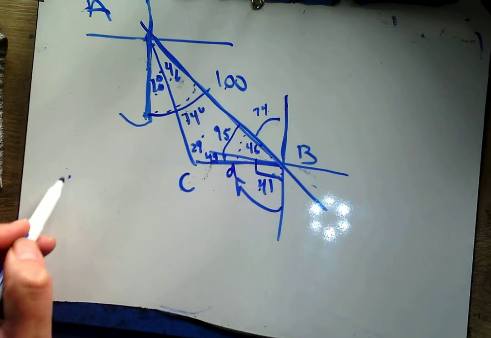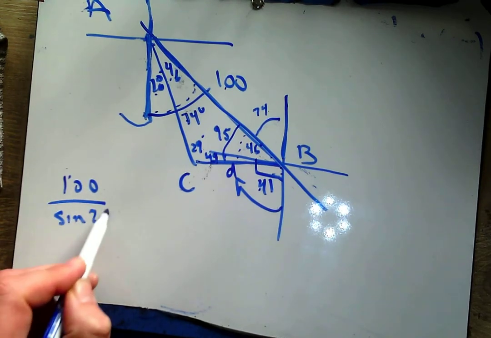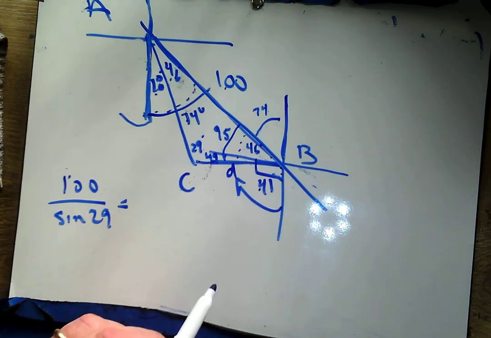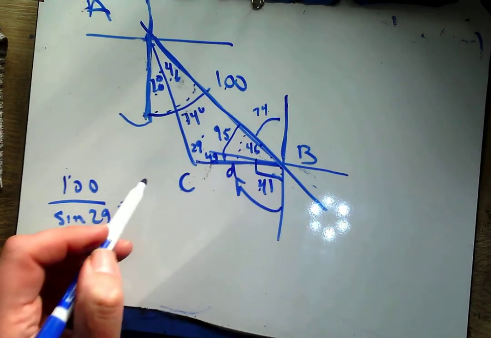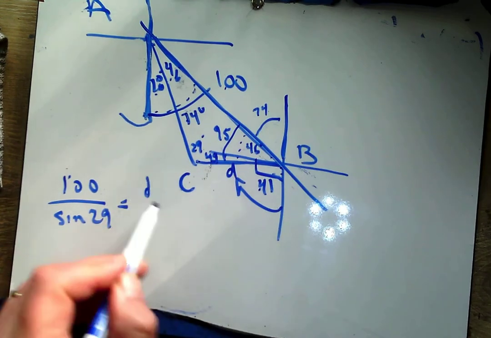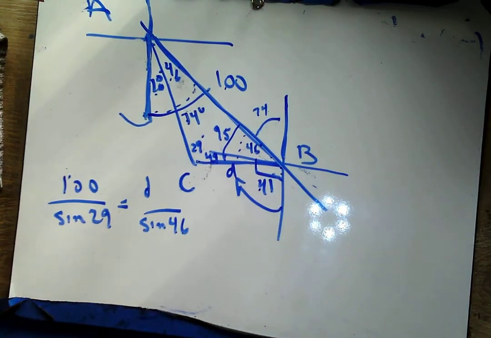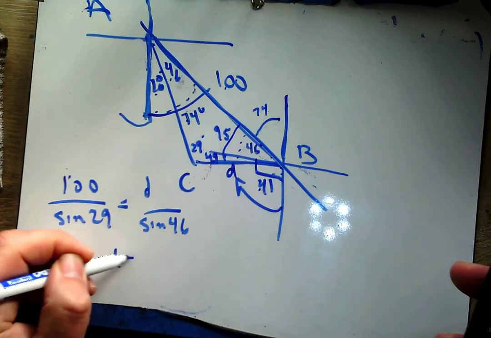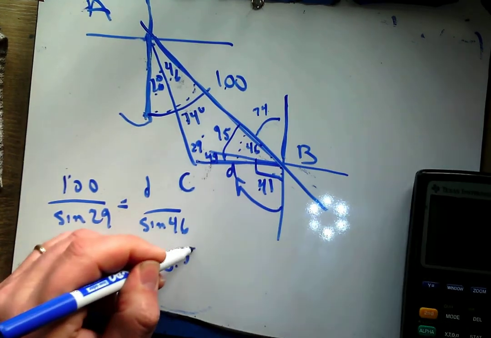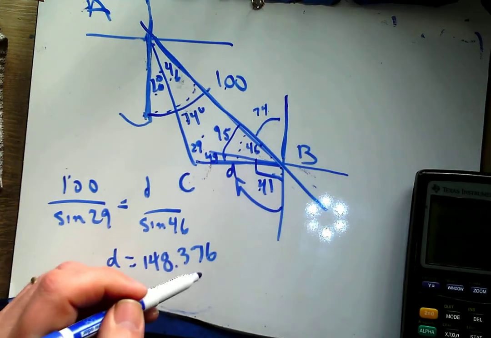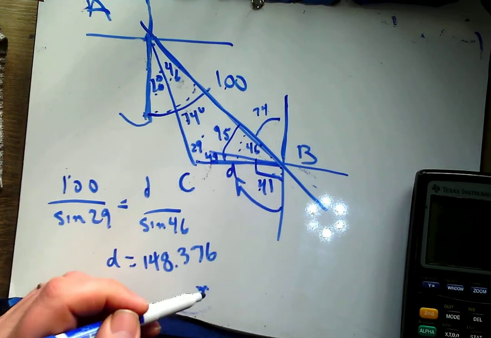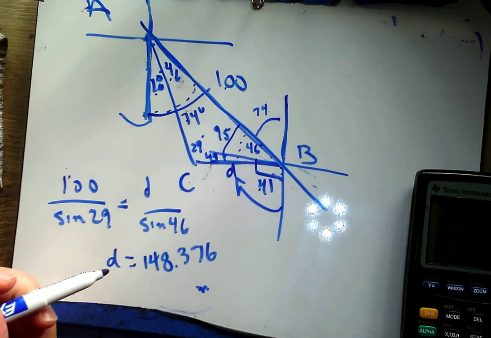I guess I can do 100 over sine 29 equals d over sine of 46. All right, well, let's see what happens when we do the sine of 46 times 100 divided by the sine of 29. And I get that that distance is 148.376. And do we know if these are miles? These are miles. Okay. And that's not at all the answer that I had.